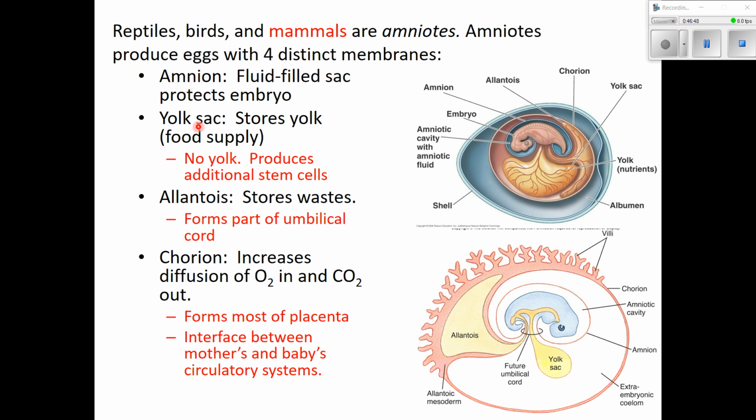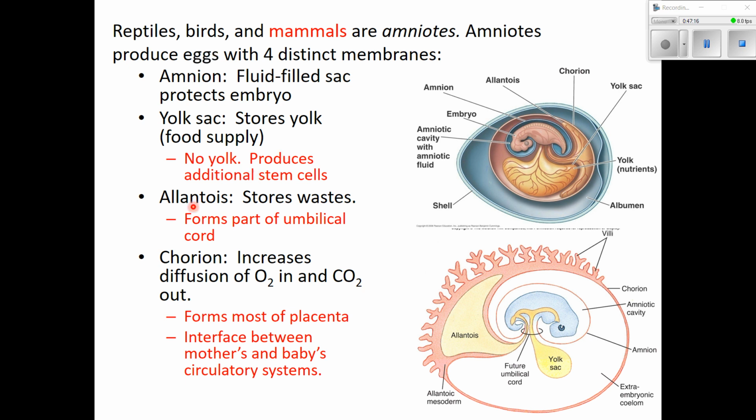Of course, there's no need for yolk for most mammals anymore because the nutrients for the baby are supplied through the placenta, through the umbilical cord. That's why you have a belly button. So the yolk sac functions as a source of stem cells instead of its food storage function in reptiles and birds.